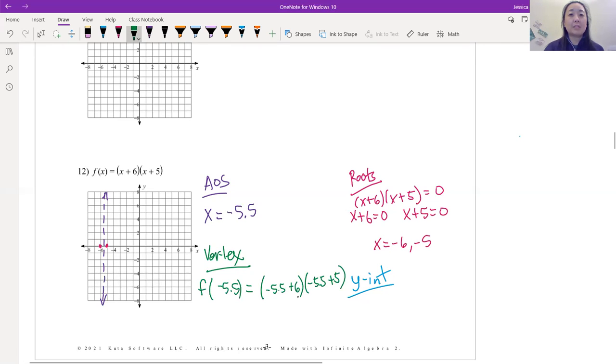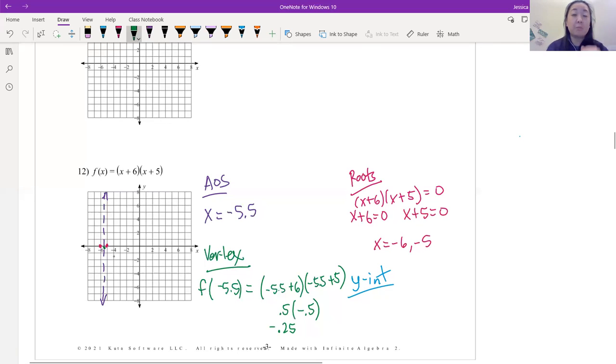And so I know that this is going to be 0.5, and this is going to be -0.5, right? And then 5 times 5 is 25. So this is going to be -0.25. It's -1/4. Okay, this is going to be tiny. So it's going to be like right below there. It's not at the x-axis.